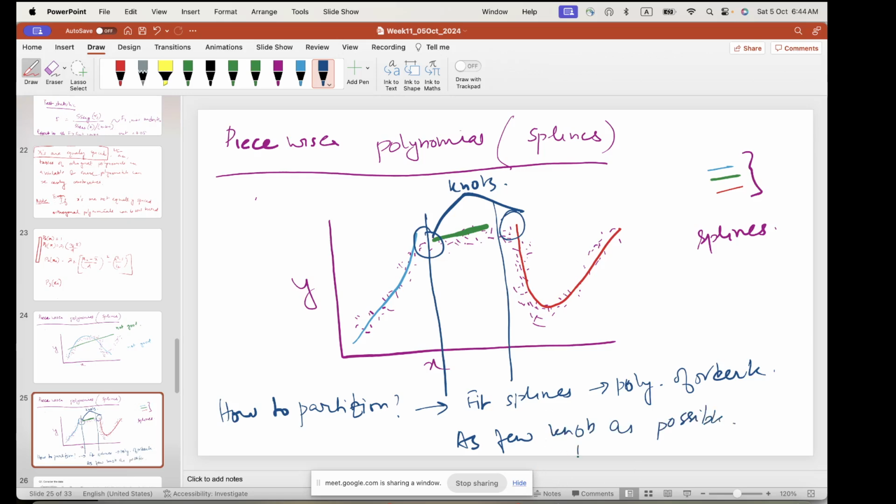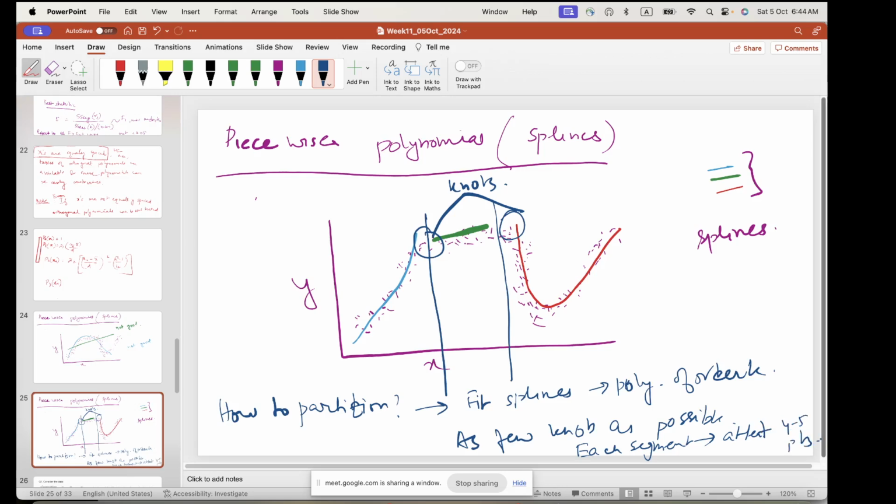Each segment should have at least 4 to 5 points, otherwise it doesn't make any sense.